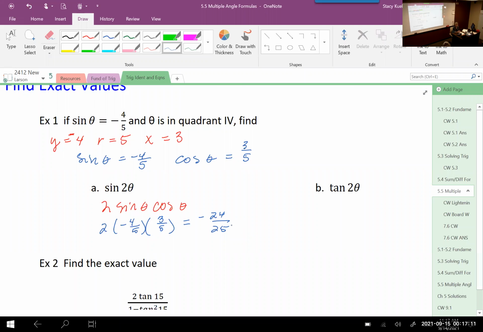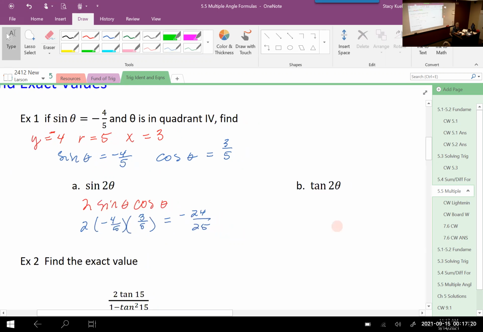We know how to find sine and cosine, given the information at the top, right? So if we look at our tangent theta, tan 2 theta, our double angle identity says that's equivalent to 2 tan theta divided by 1 minus tan squared theta.